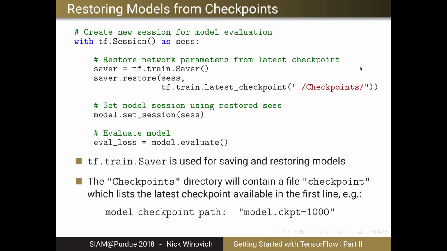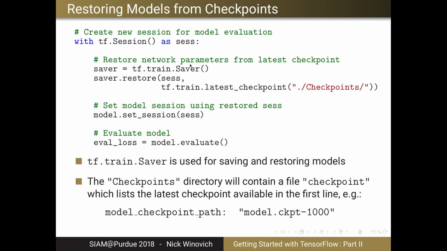And speaking of saving, we want to know how to actually use these. I've mentioned them a few times now. So how do we actually get the checkpoints back into, say, Python, for instance, if you want to resume training? If you want to do this by hand, you initialize a new saver. So tf.train.Saver, it's used for saving and restoring.